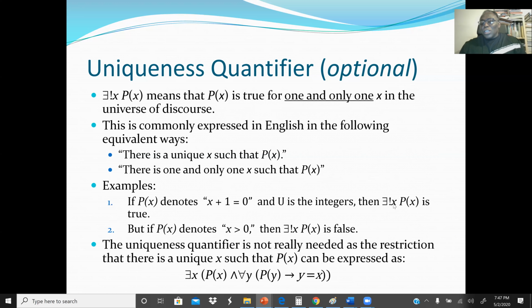So the condition is true, but only one value can make it true. That's what we mean by ∃!x, where the exclamation is a symbol meaning one unique. It's true for one and only one x, one unique value will make it true.